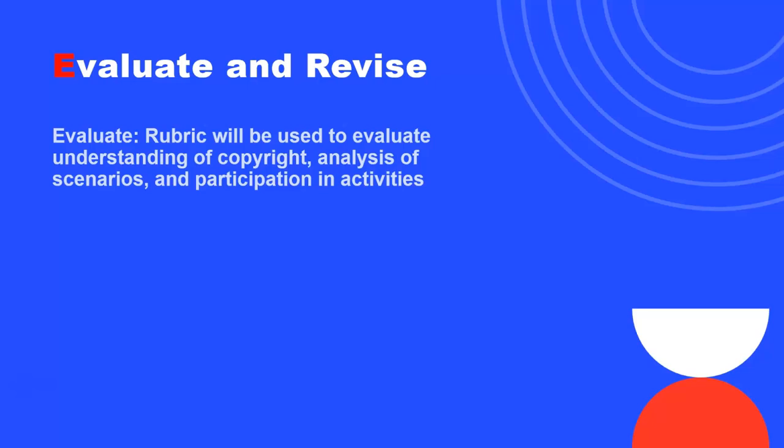And then 3 points for excellent: demonstrating comprehensive understanding of copyright and accurately applying it to the examples. They effectively analyzed the scenarios and identified copyright infringement, and they actively participate in the discussion and contribute.